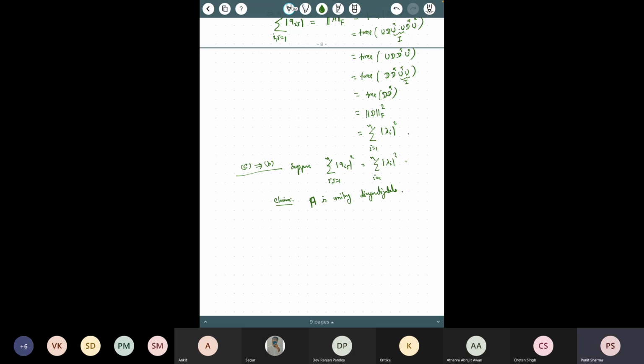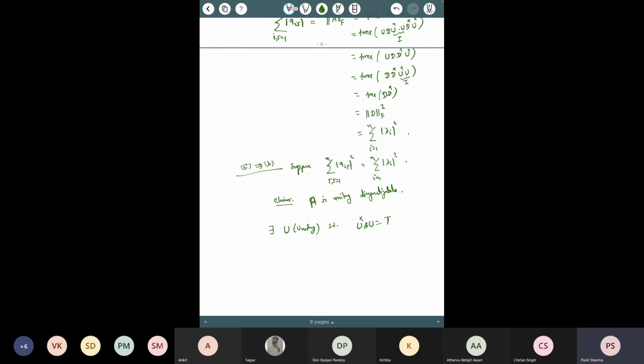So if I apply Schur's lemma here, A is a complex matrix of size n cross n. I know that by Schur's lemma there exists a unitary U such that U star A U is upper triangular, let's say T. And since we know that similar matrices have the same eigenvalues, the eigenvalues of A are the same as the eigenvalues of T. T is an upper triangular matrix, so the diagonal entries are the eigenvalues of T.